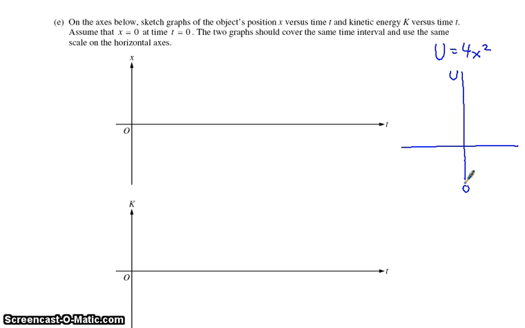Here's 0. Well, what does a graph of 4x squared look like? That's not a difficult graph to imagine. It looks like that. It's a parabola. And in fact, if you get into the negative x region, it looks exactly the same, a mirror image, because when you square a negative number, it just becomes a positive value. So that's what the object's potential energy graph looks like.